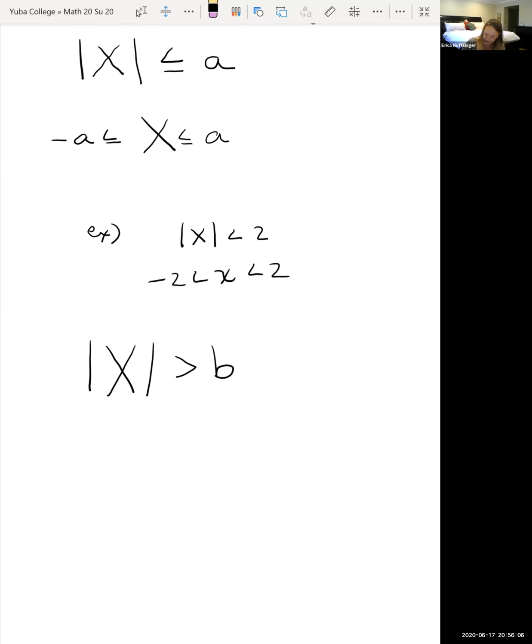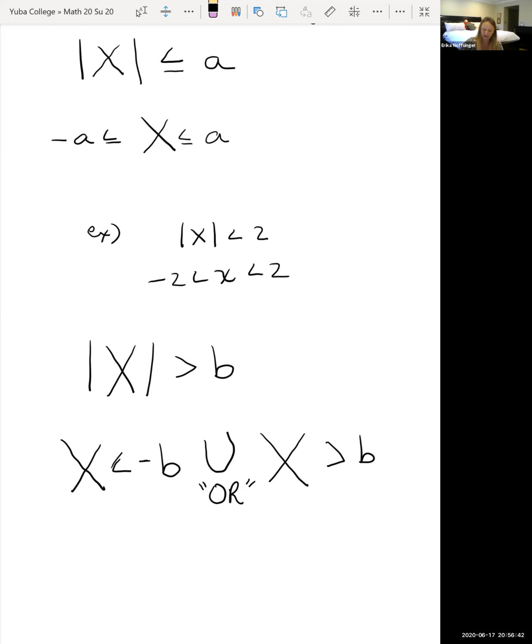We can look at any value that's inside that absolute value is less than that negative b, or anything in that absolute value has to be greater than b. This is a union or an OR statement. So it means you're taking everything from this set plus everything that falls in this set, and they don't have to be in common.